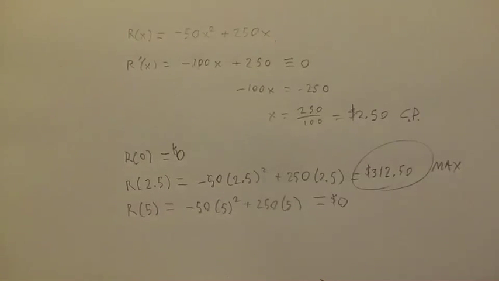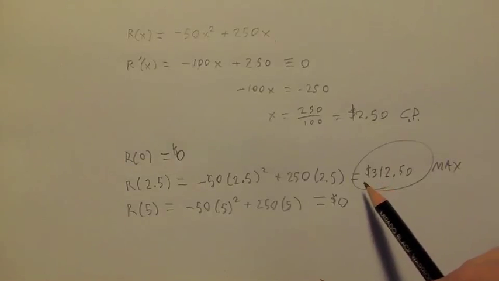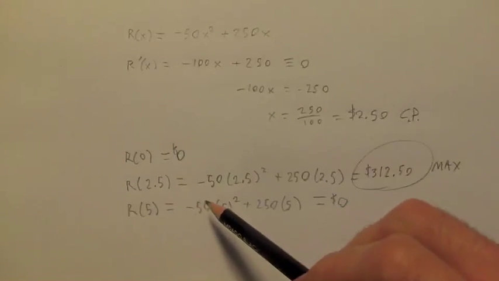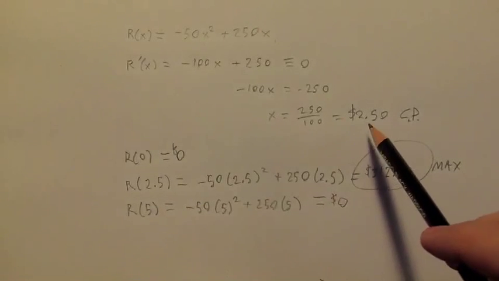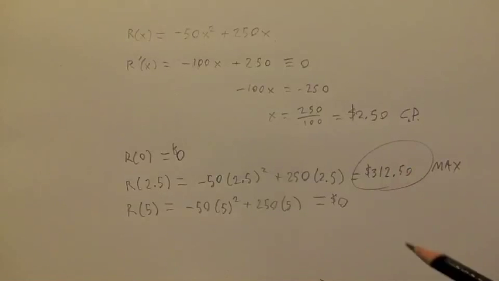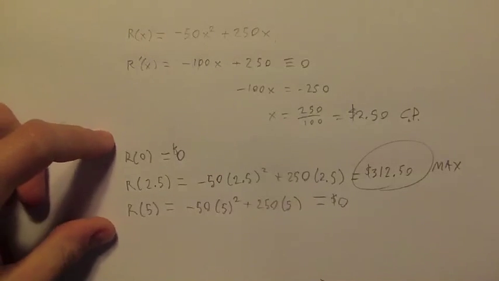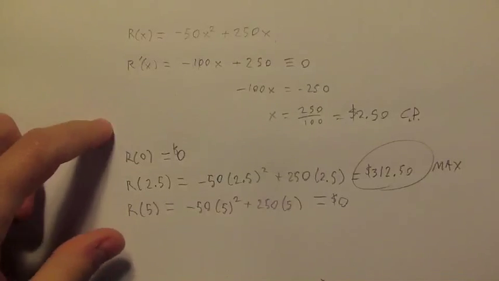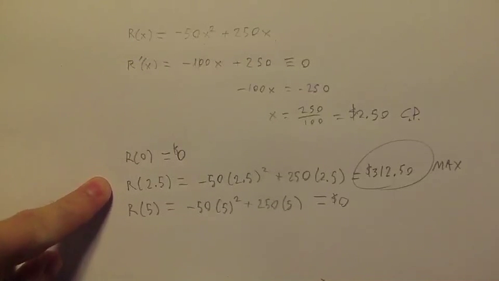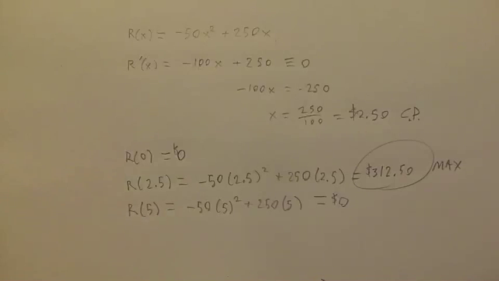So the max revenue occurs when we charge $2.50 for whatever this product is, and we get a revenue of $312.50. Now some of you might have thought, well, since we're on the interval 0 to 5, and we have 0 and 0, shouldn't the max occur at 2.5?